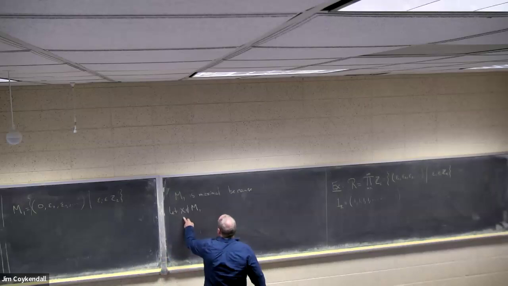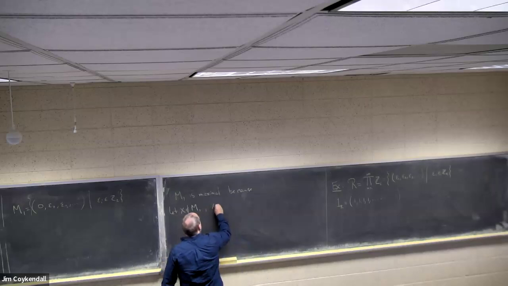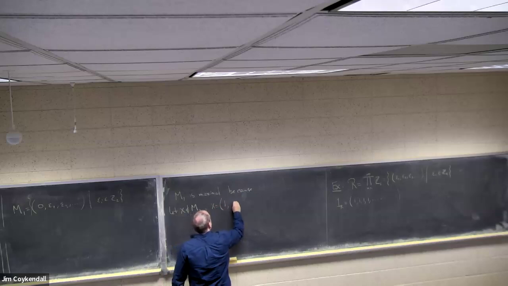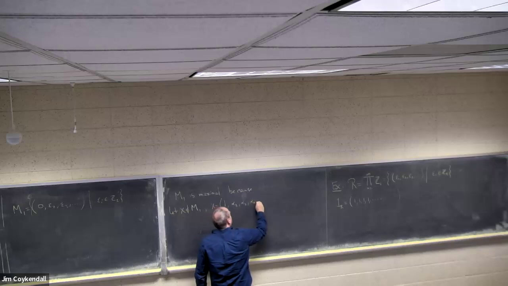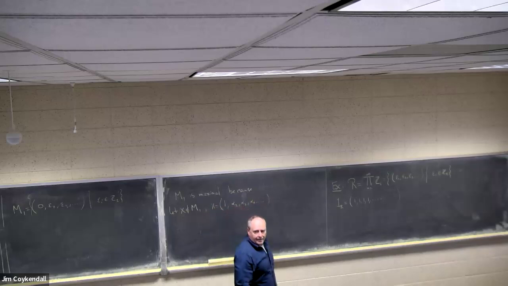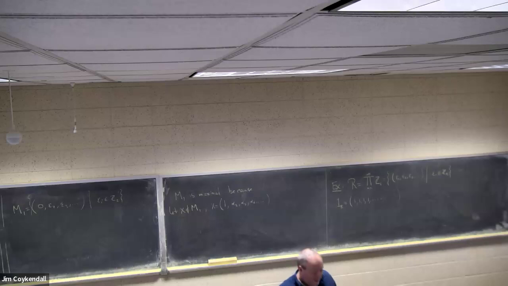Pick some x that's not in M1. Then x is of the form 1, alpha 2, alpha 3, alpha 4, like that. Everybody agree with that? If I pick something in that ring that's not in M1, I know it has to start with a 1, because everything that starts with 0 is in the ideal, right? Everybody agree with that?